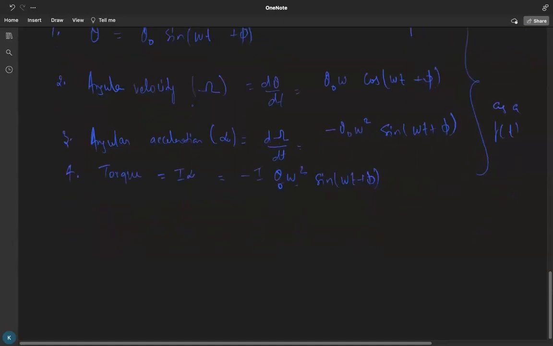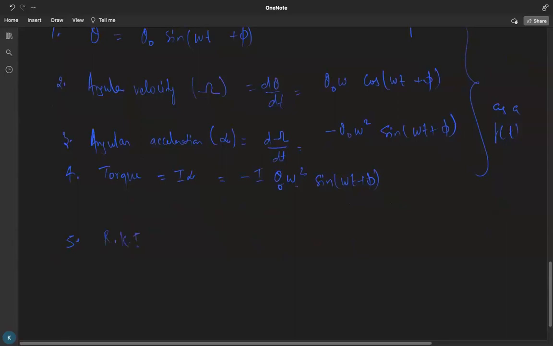Now let's move to the next equation, which is rotational kinetic energy, right? We have to find it as a function of time. So it is half I psi square, that is half I omega square, and what is omega here? So it will be theta naught square omega square cos square(omega t plus phi).